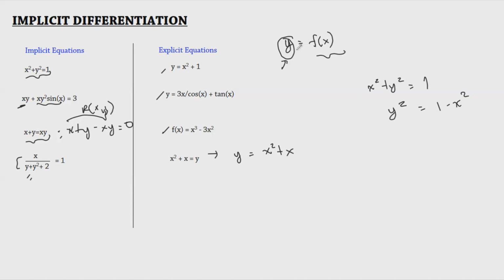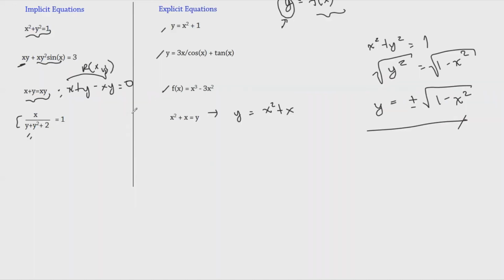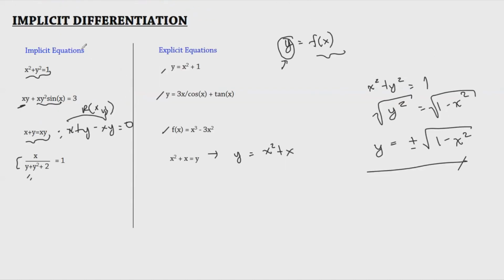Since this is y squared, we can take the root of both sides, and we'll have y equal to the positive or negative square root of 1 minus x squared. In this case, this is already what we call the explicit form. But not in all cases can we make an implicit equation explicit.